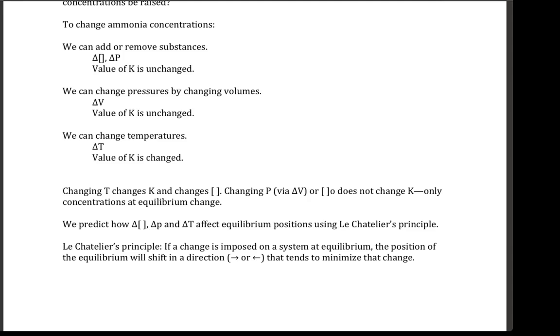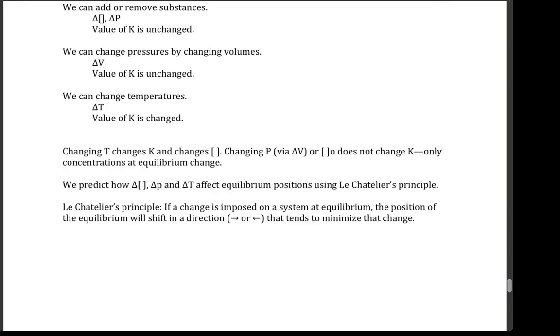So we have a reaction at equilibrium. If we impose a change on it, the system tries to fight that change. It tries to minimize the effect of that change that we have imposed on it. That's what Le Chatelier's principle is.